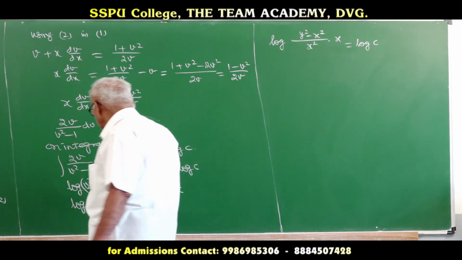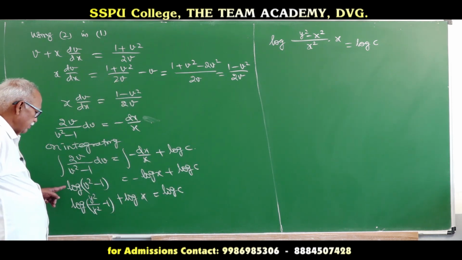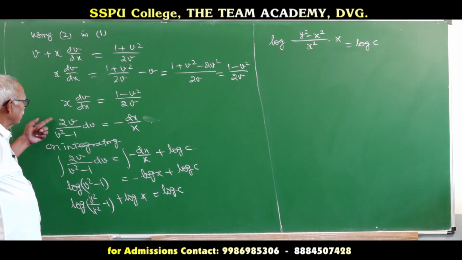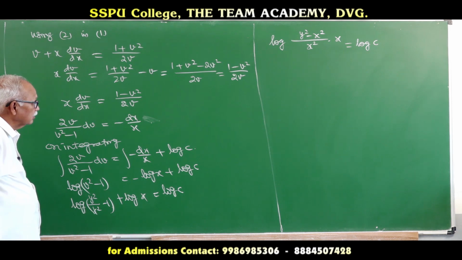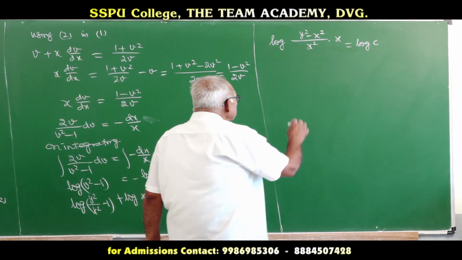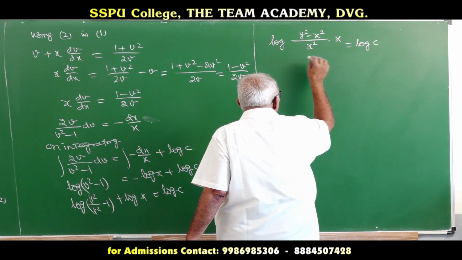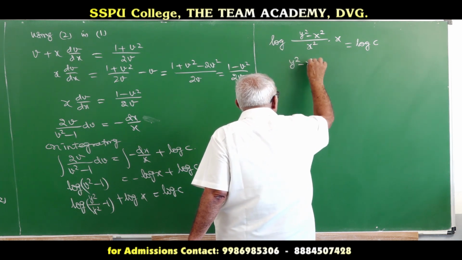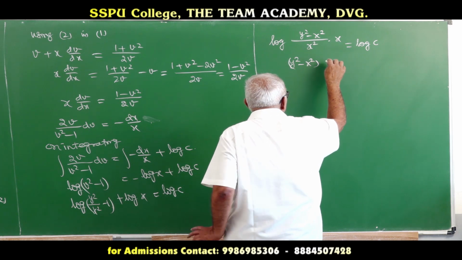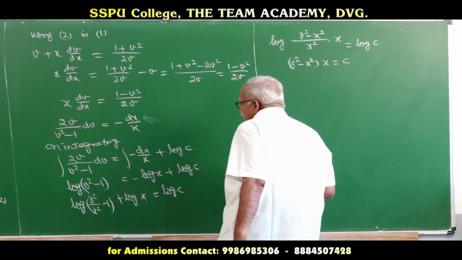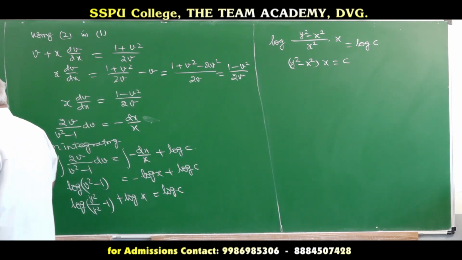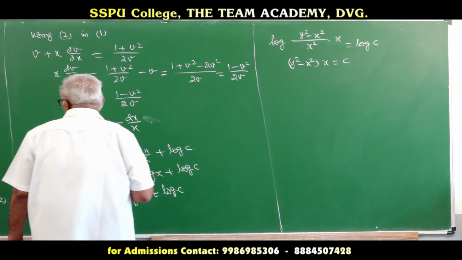So, here we have taken the substitution and we have integrated this. Here 2v by (v square minus 1) we have taken. So, you get log of (y square minus x square) divided by x, and the log we can cancel, so (y square minus x square) by x is equal to c.